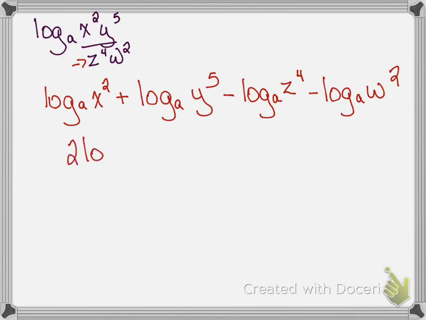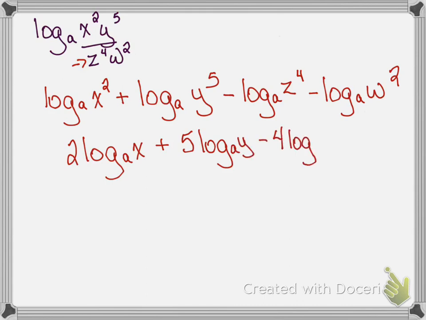So I have 2 log base a of x plus 5 log base a of y minus 4 log base a of z minus 2 log base a of w. Okay? Can I go any further? I can't go any further on this one.